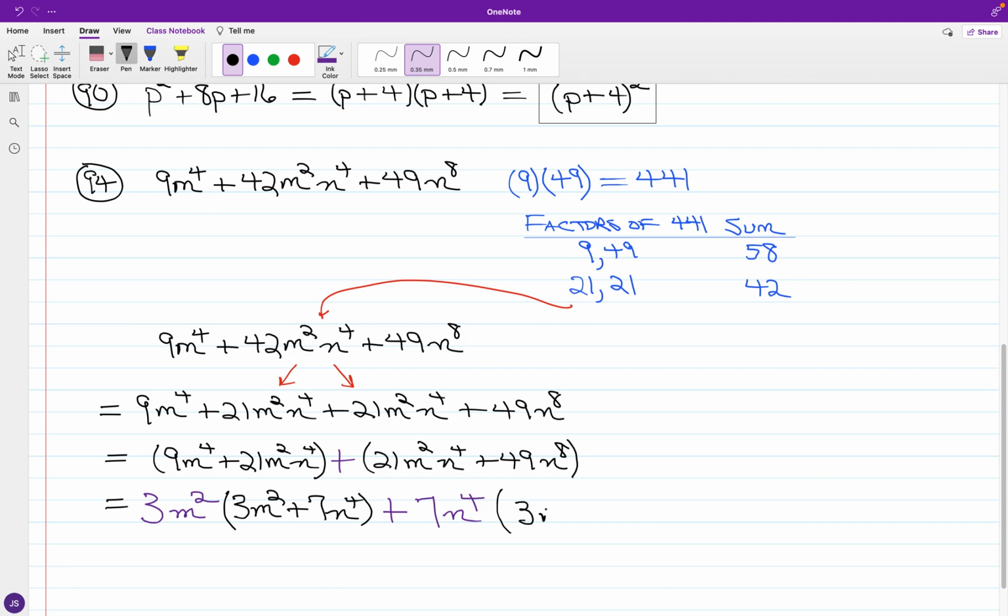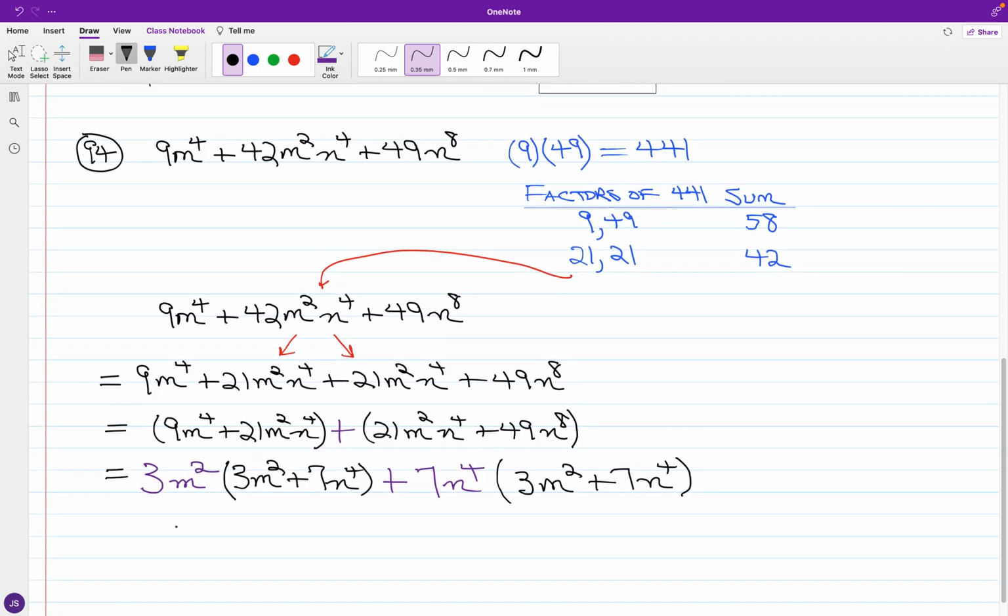We have 3m squared plus 7 times n to the fourth. And we have 3m squared plus 7n to the fourth in common. And combining the outside terms in operation, it turns out that we have another 3m squared plus 7n to the fourth.